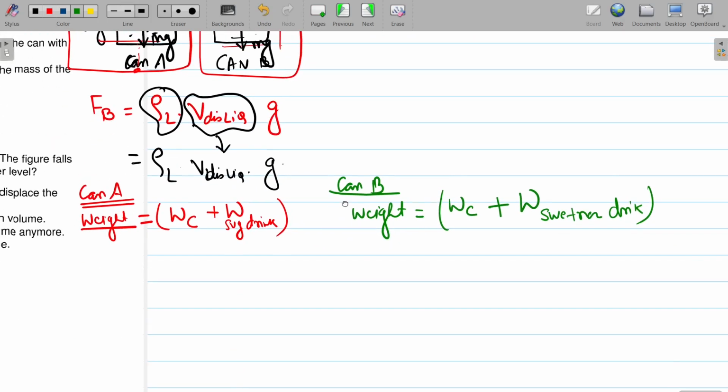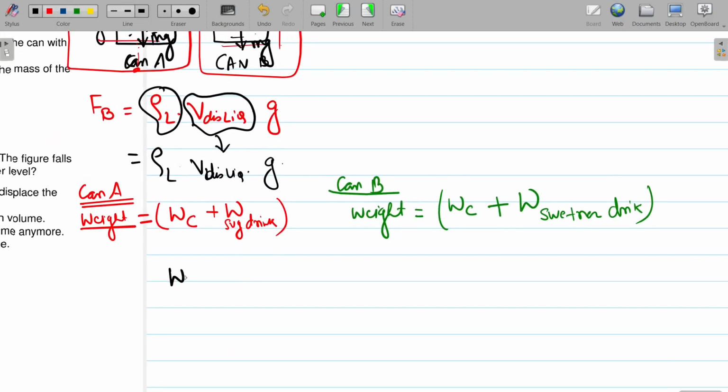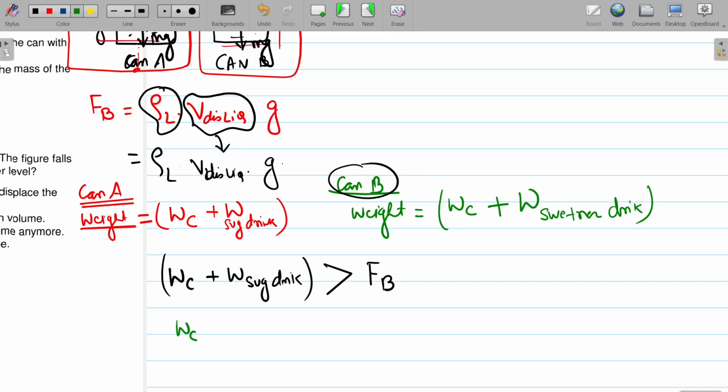In the first case, WC plus W sugar drink, since can A sinks to the bottom, should be greater than FB. For can B, it is floating, so we can write WC plus W sweetener drink should be equal to FB.